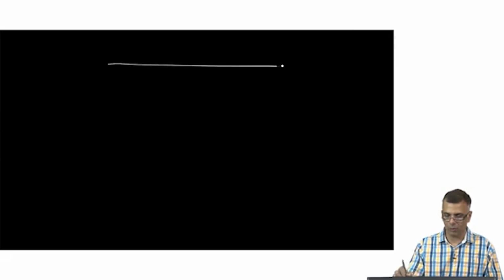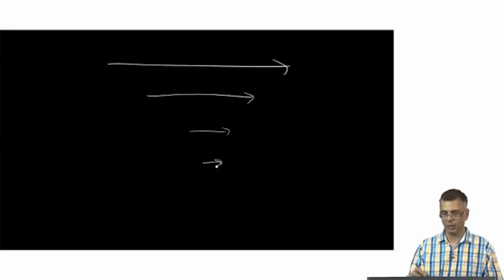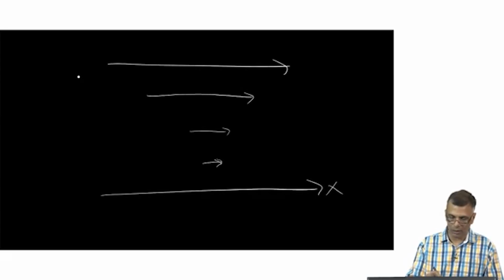You see, the whole concept of viscosity arises when you have a situation such as this, where these would be the velocity vectors of a viscous fluid which is flowing along the x direction.